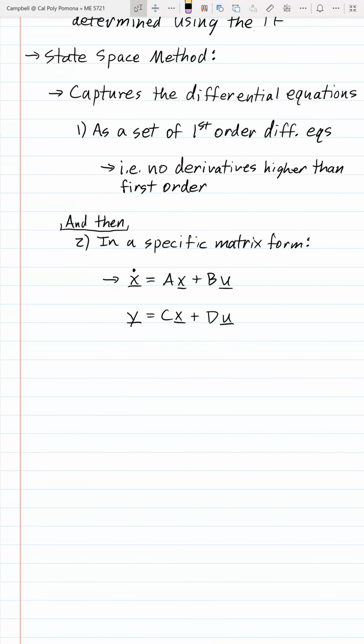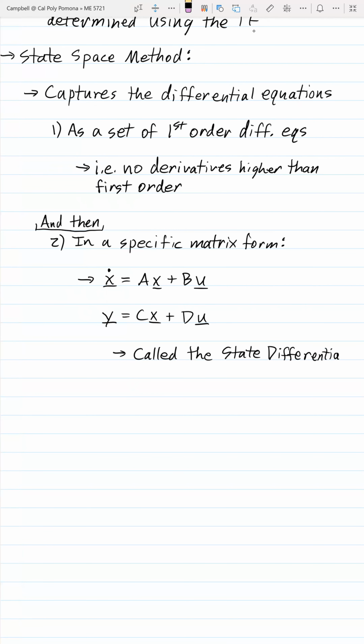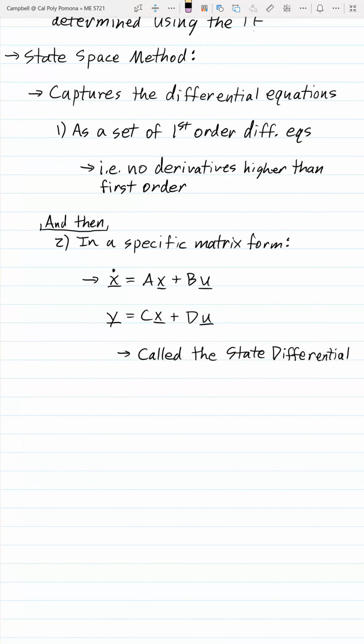Now, I'll go ahead and start describing some of this, but let's first name it. So this is called the state differential equation. I ran out of room there a little bit, so if you'll give me a little license, I'll scroll over and complete that and then scroll back.